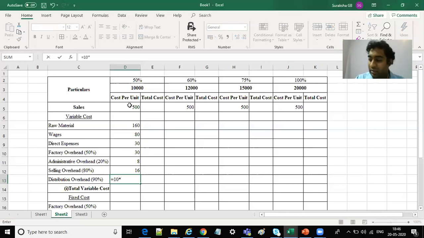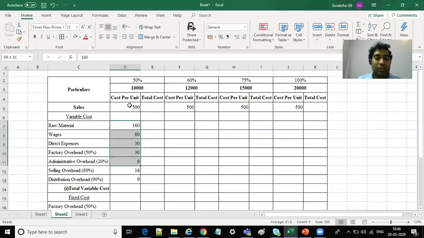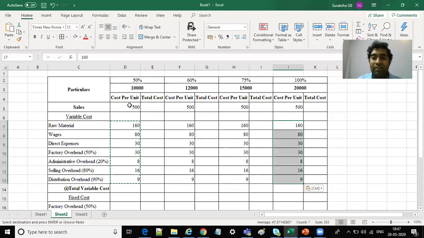Out of that, 90% is variable. So that will be equal to 9. So as per the rule, the cost per unit will remain the same for calculating the total variable cost. So I am writing everywhere the same values of raw material, wages, direct expenses, factory overhead, administration overhead, selling overhead, and distribution overhead.